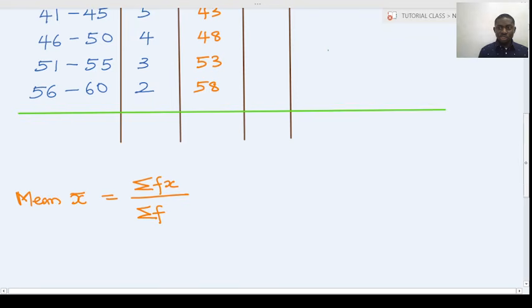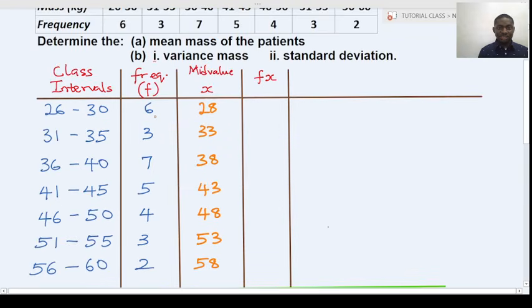So we need to find fx, that is the product of frequency and the mid value for each class interval, and when we get that, we'll add the total of it. So here now you have 6 times 28. With our calculator we can easily do that. That will give us 168. 3 times 33. With our calculator we can also do that.